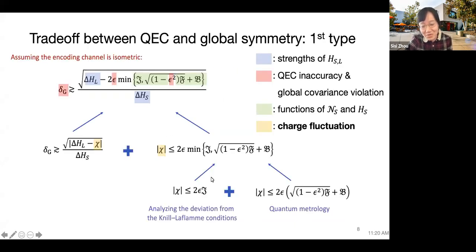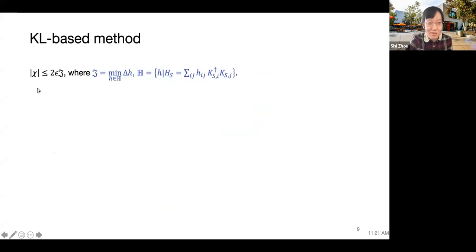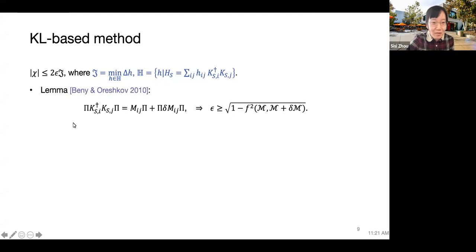So first I'm just going to talk about this first part: how to derive the relation between epsilon and chi from the Knill-Laflamme conditions. The key is that we use the lemma from Bény and Oreshkov in 2010. It says that if a noise is not exactly correctable but is approximately correctable, then the Knill-Laflamme condition is approximately satisfied.